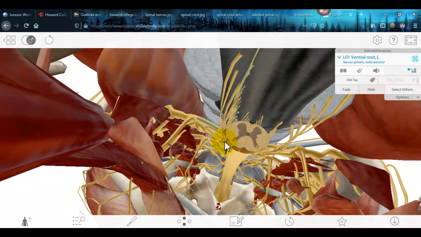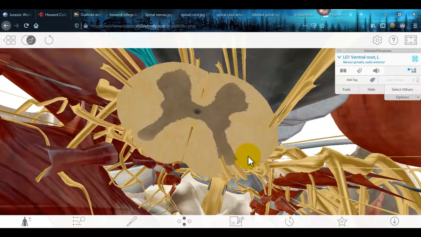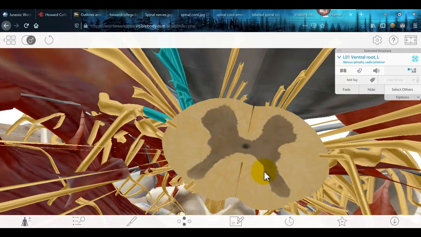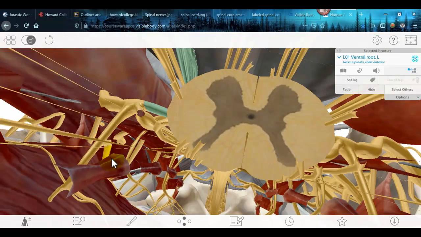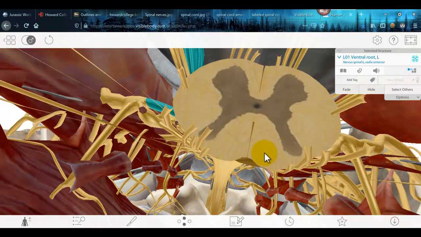If I can get close, just to orient ourselves, here's the front, here's the back. I wish I could make it straight. It's making my OCD crazy, but here's the anterior median fissure, here's the posterior median sulcus, here's the gray matter, posterior horns of the gray matter, the anterior horns of the gray matter, central canal, and all this is the white matter.